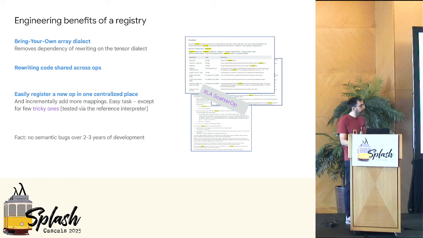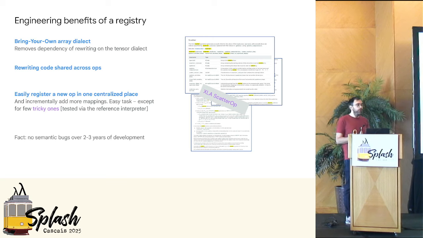I just want to stand on the engineering benefits of having a registry. So first of all, it allows you to bring your own array dialect. So if you want to partition a new array dialect, other than the XLA dialects that we've been thinking with, it's very easy. You just bring a new module that describes the registration of this dialect with these homomorphisms.